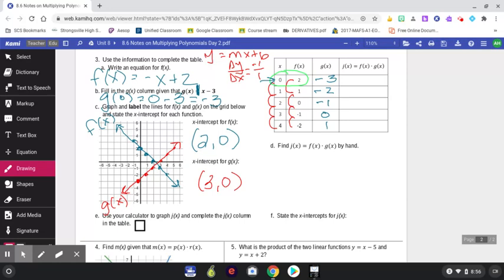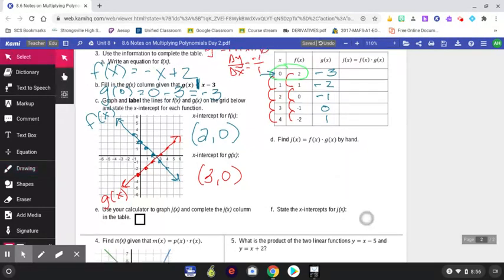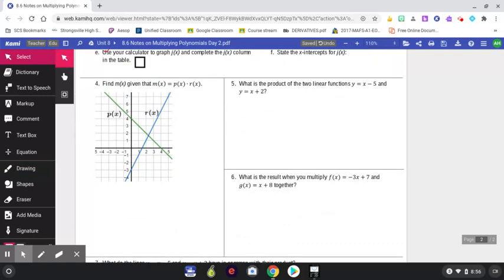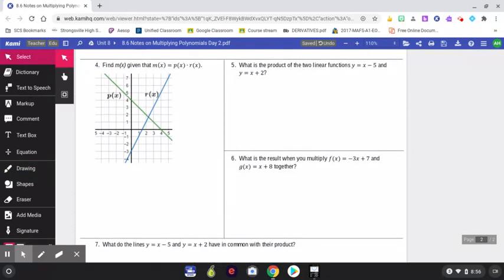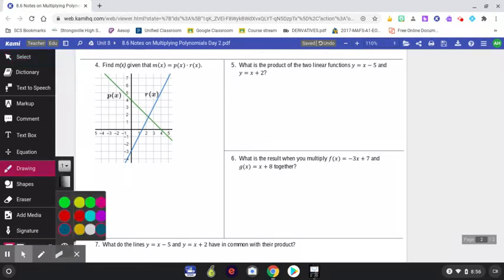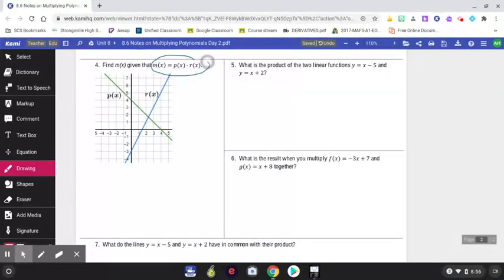And then I just want to go ahead and get you set up for problem 4. Just to get you started. So it says find m of x given that m of x is equal to p of x times r of x. Well, in order to find m of x, what that means is that I need to actually multiply out p of x times r of x.